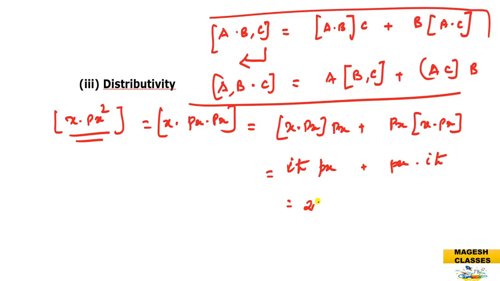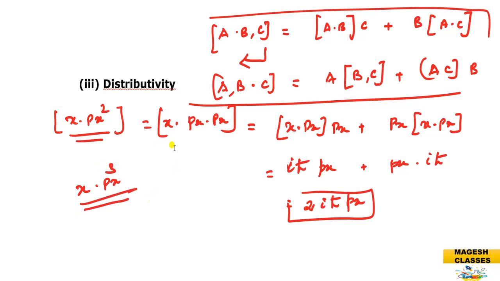So this is equal to 2I h cut px. Okay, this is the value. The value of x into px cube, by applying this distributive function, you get the value 3I h cut px.